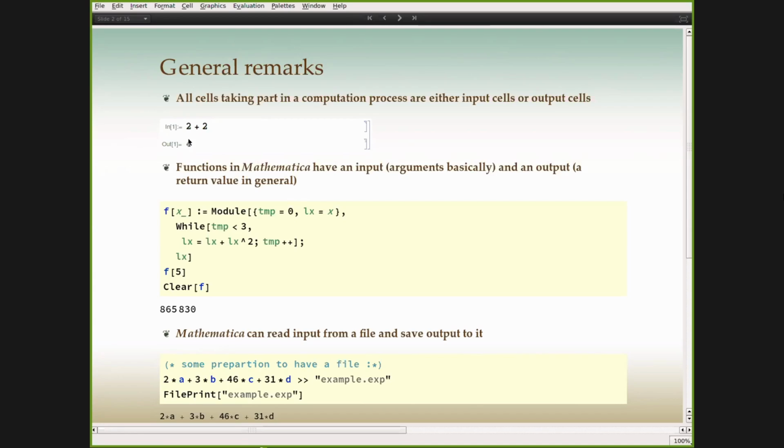So when you have an output which is the result of some input you have provided, then they are grouped with these, let's say, brackets on the right.